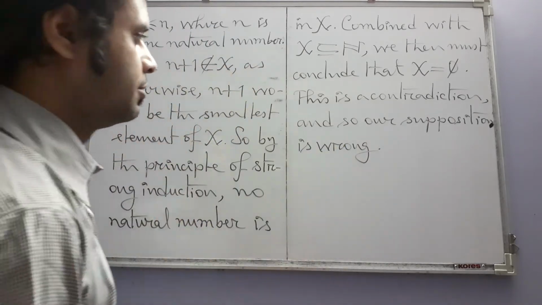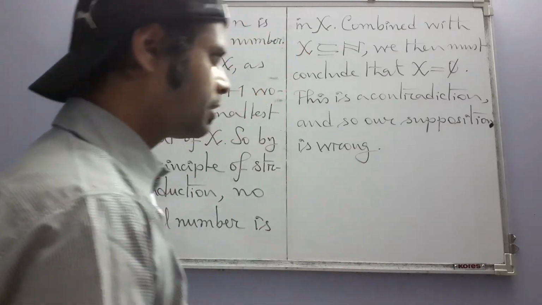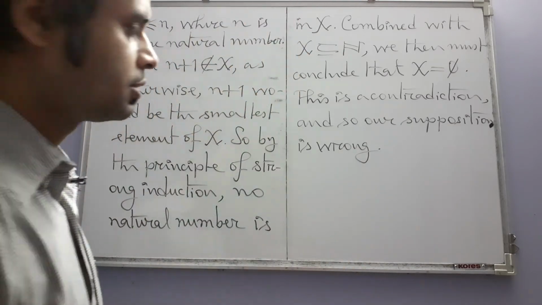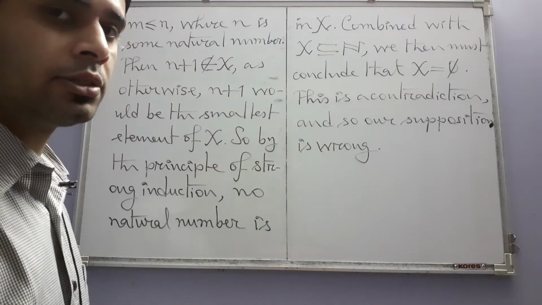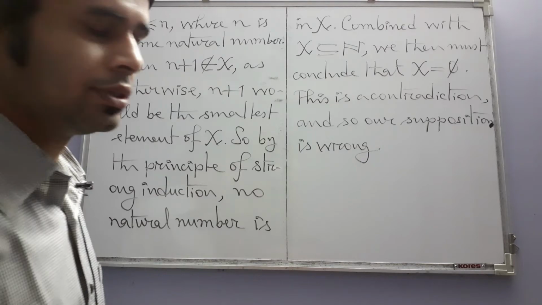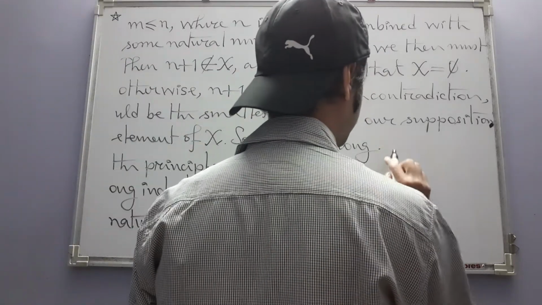We are not writing that. Now comes the uniqueness of that smallest element, which of course is just a consequence of the anti-symmetry of the order relation that we have in N, and we just simply write that.